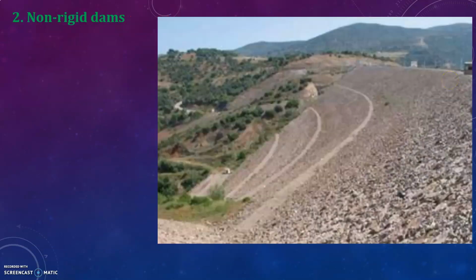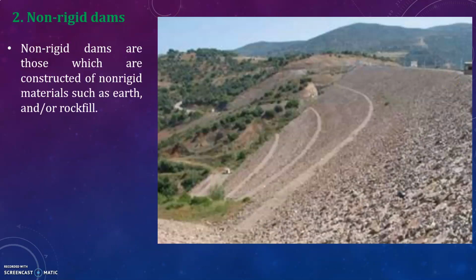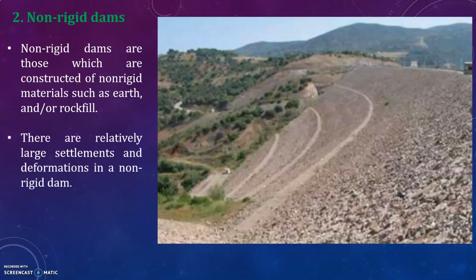Next is non-rigid dams. Non-rigid dams are those which are constructed of non-rigid materials such as earth or rockfill. There are relatively large settlements and deformations in a non-rigid dam.